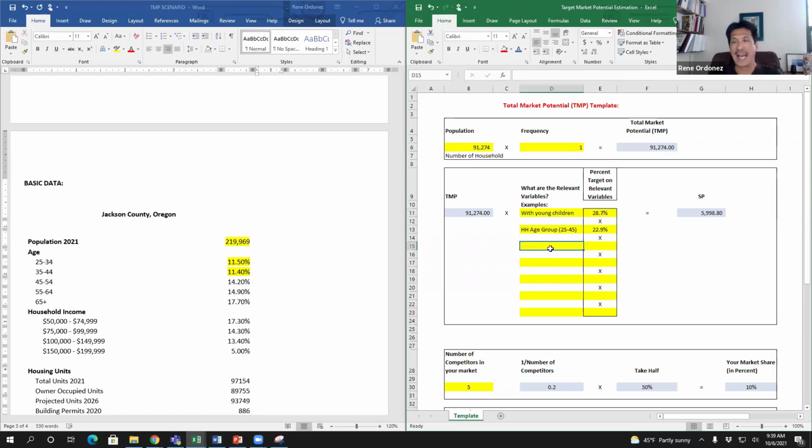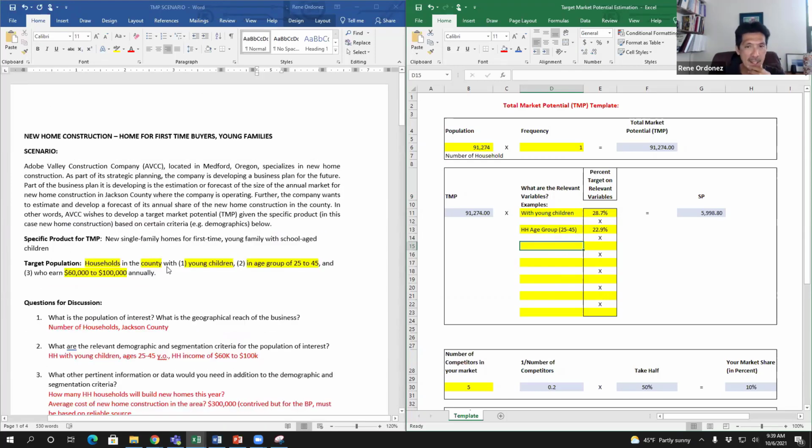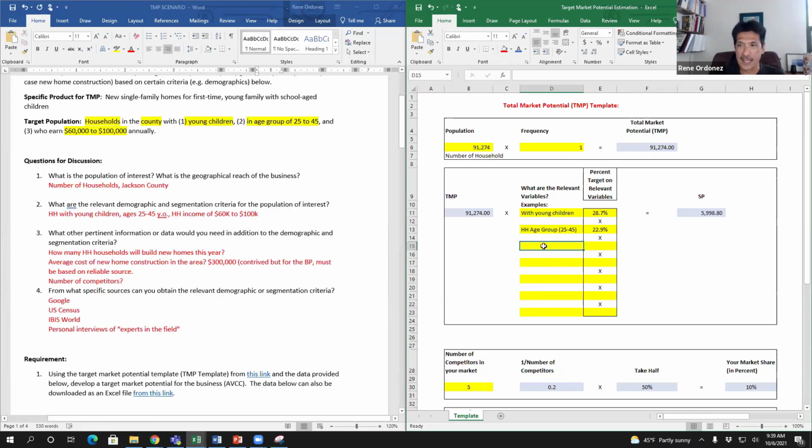So additionally, we'll add the third criterion, which is the income group. Household income, from 60 to 100K.